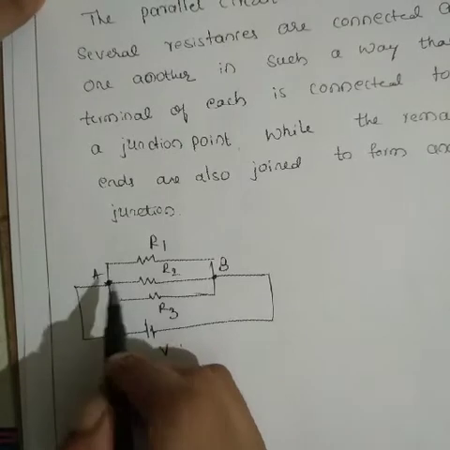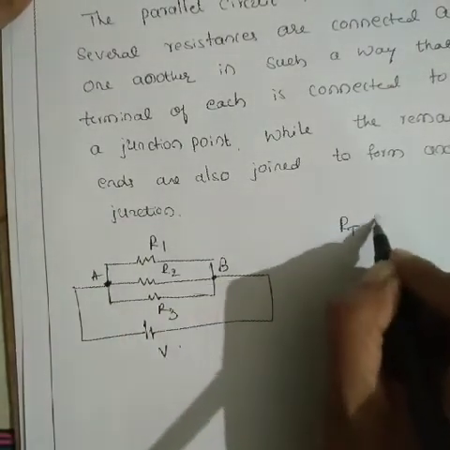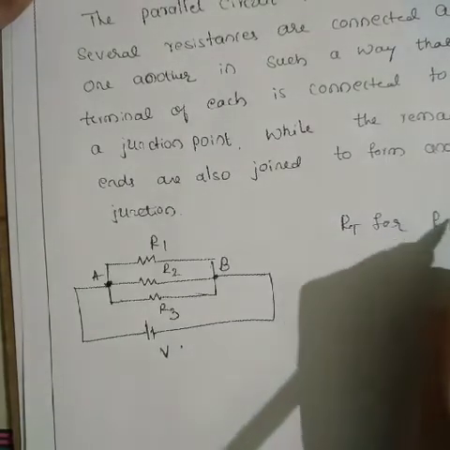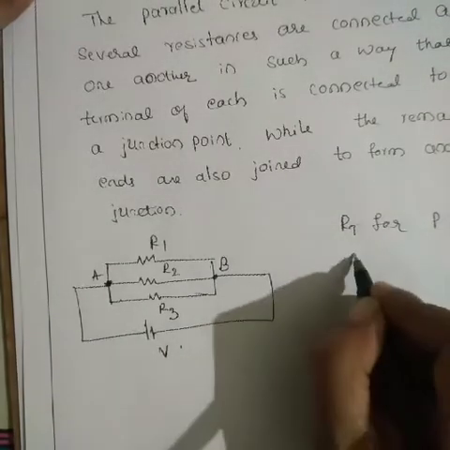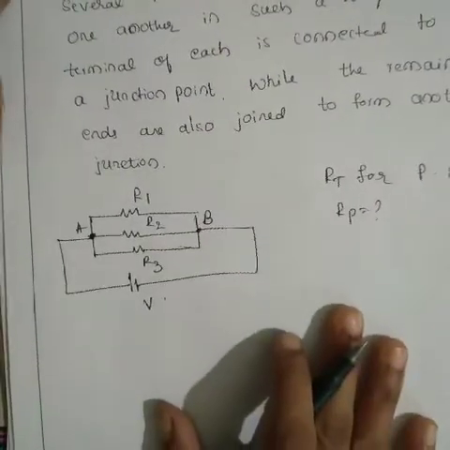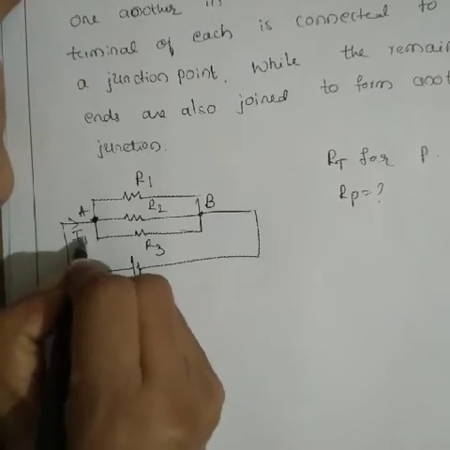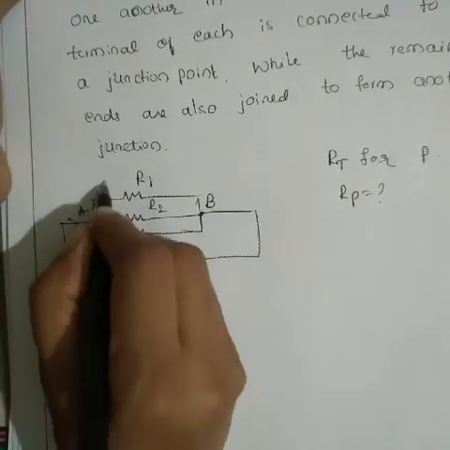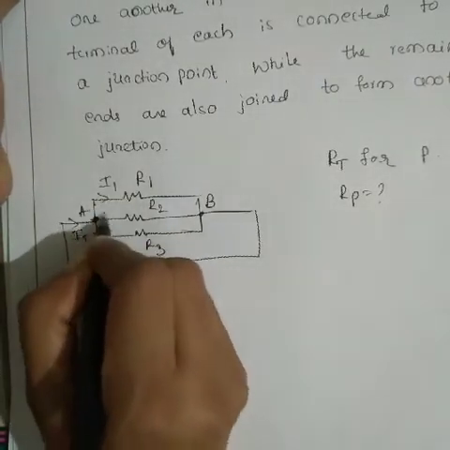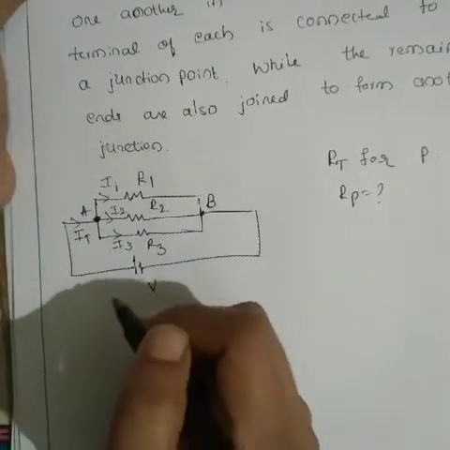Now again, what is the total resistance for parallel electric circuits? That is, what is R parallel? If we consider three resistances, the current I is the total current. The current will be dividing across R1 as I1, R2 as I2, R3 as I3.